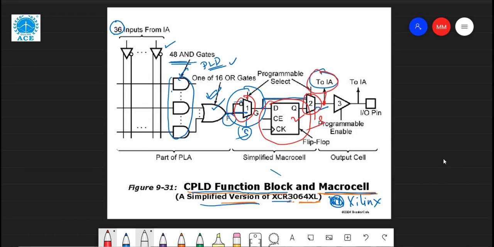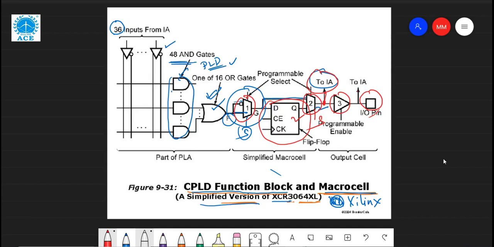Here we have a buffer with programmable enable, which goes to the IO pin. So this is the functionality, and this will reconnect to the input level. This IO block again reconnects to the input level, so whatever functionality we require further.